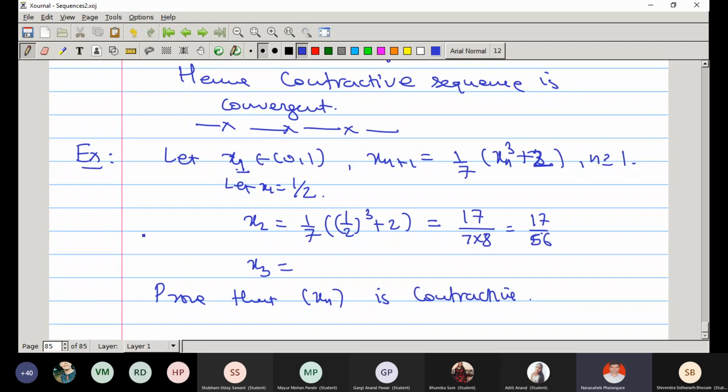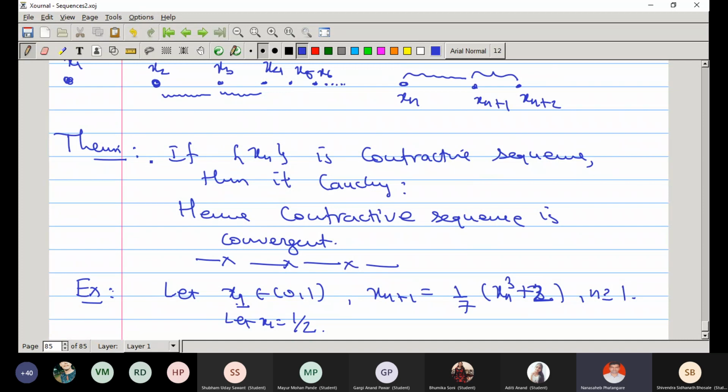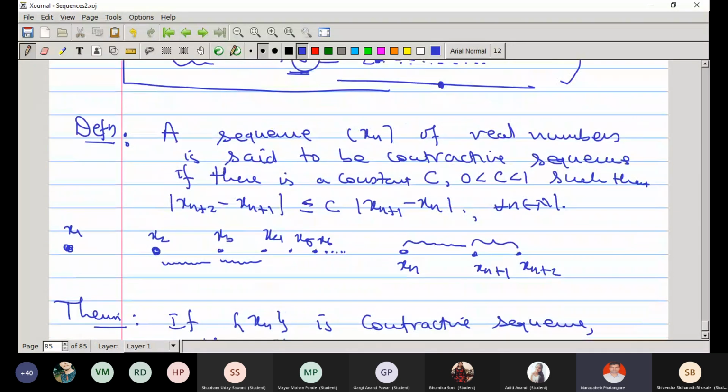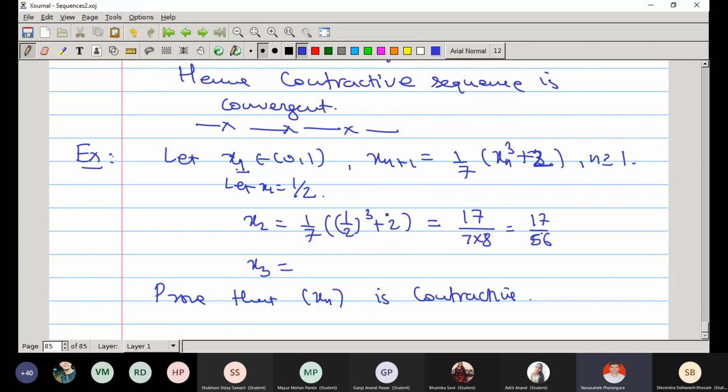Contractive means what do we need to prove? By definition, we want to find a number c such that the distance between two terms is less than or equal to c times the distance between the previous two terms, for every n. If this happens, then we can easily say that this sequence is contractive.